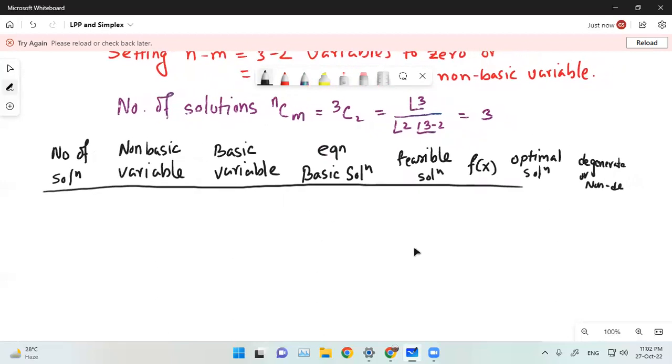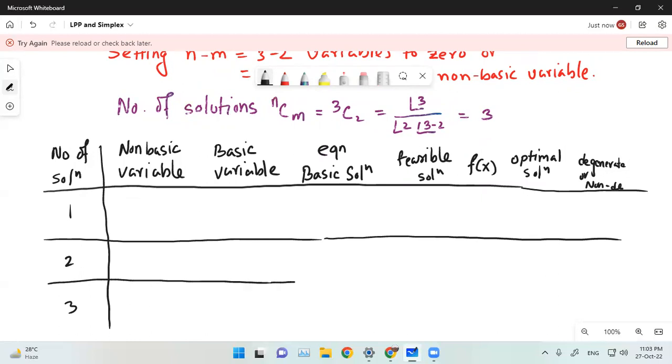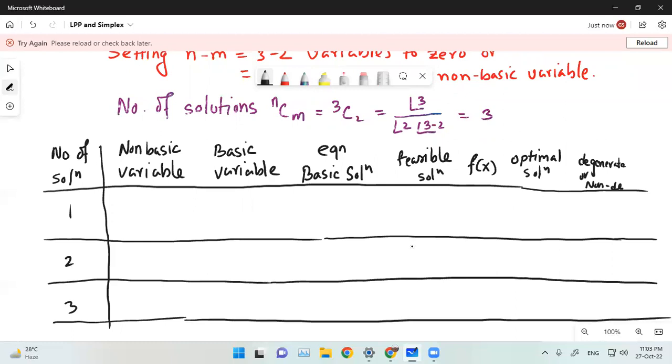We know you have 3 solutions: 1, 2, 3. How many variables do you have to set to 0? 1 variable at a time. So we'll have 1 non-basic variable, or 0 variable, and the other 2 will be basic variables.